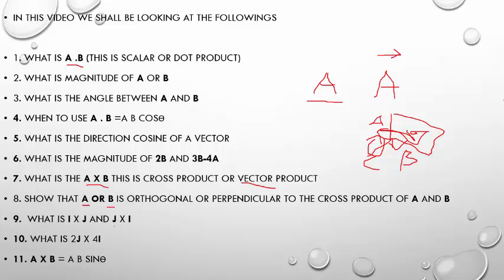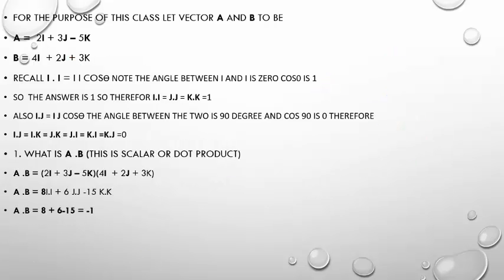We can use it when we want to find the magnitude of the vector that we have been able to get. The magnitude of A cross B will be equal to C. So what's the magnitude of C? So let's assume that we have these two vectors.